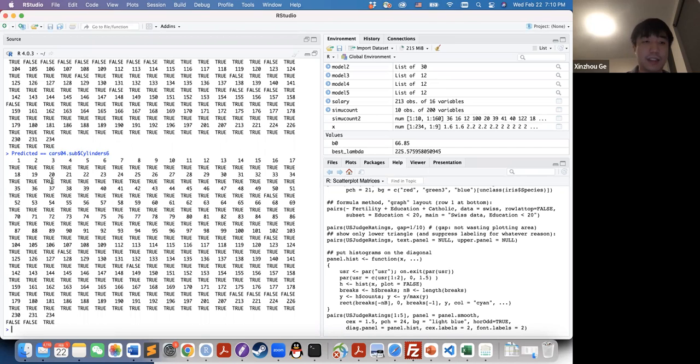And we can see that most of these are true, because we can correctly predict most of the cars. And then we can take the average of this vector to calculate the accuracy.